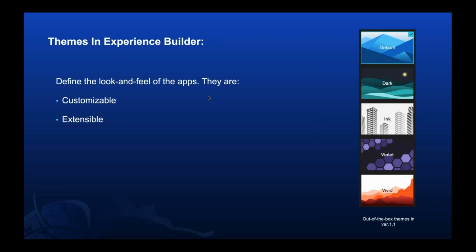For example, you can change the colors or fonts on the existing themes. Second, they are also extensible. This means by using the developer version, you can create a new theme folder within your extensions directory and provide your own theme for the apps to use.